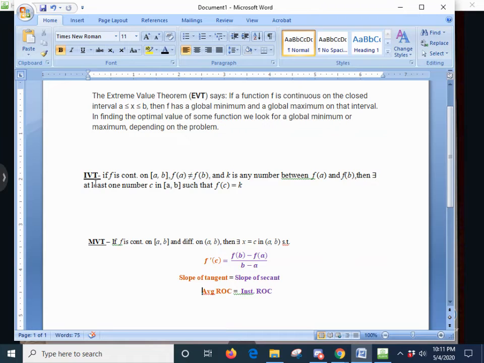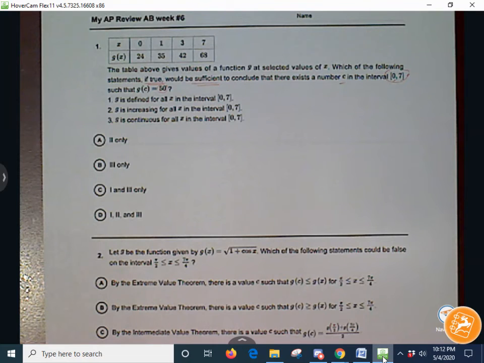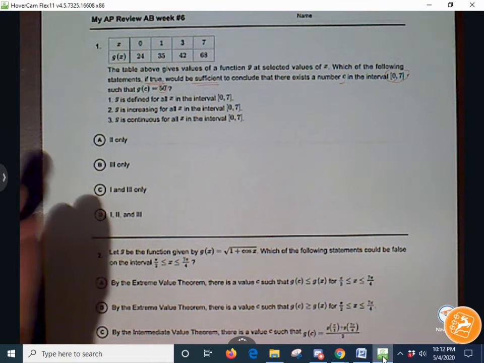So let's look at IVT. This is talking about searching for a c inside an interval where f of c is equal to a specific y value, which is what we've got over here. So we would be using intermediate value theorem for this problem.